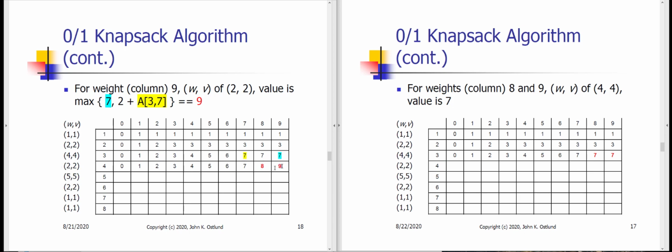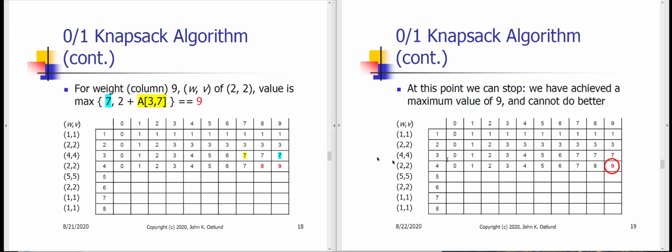The only changes that we get relative to row 3 are when we get out to a remaining weight of 8, then by also using this item value of 2, we have the maximum of either 7 or 6 plus 2, which is 8. And then for remaining weight of 9, we have the maximum of either 7 or 2 plus 7 is 9. All right, so at that point, notice that we have achieved a value of 9.